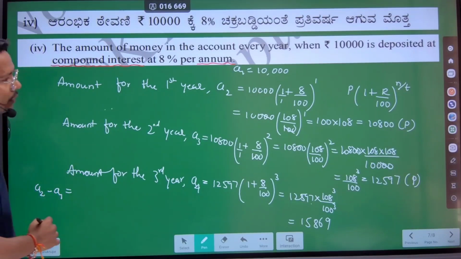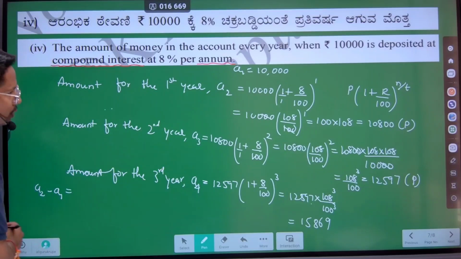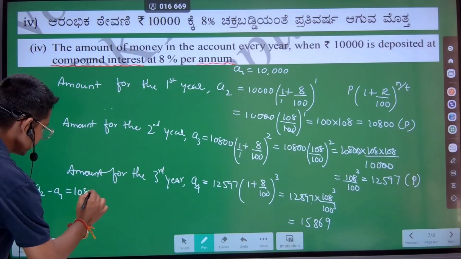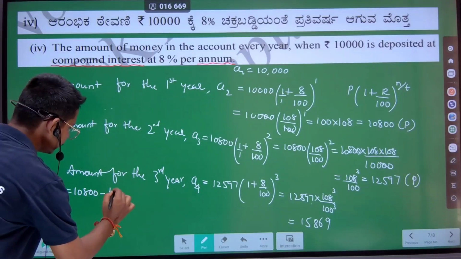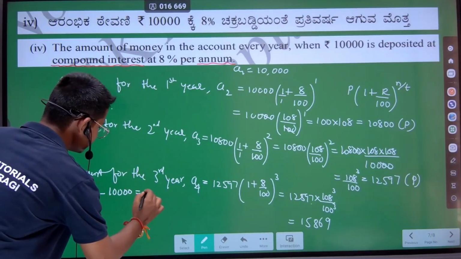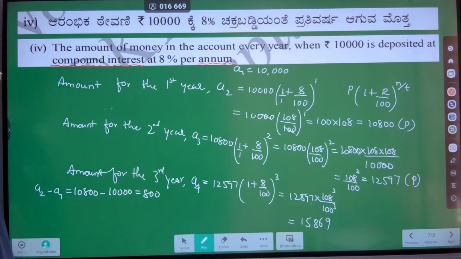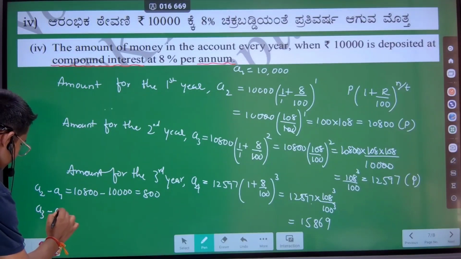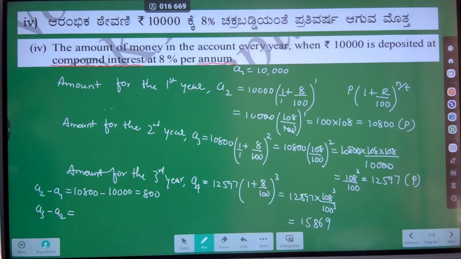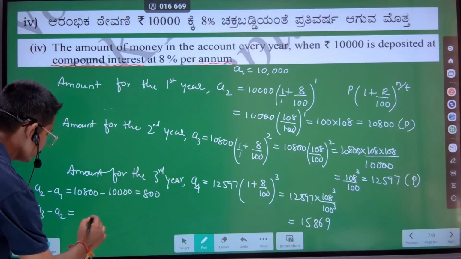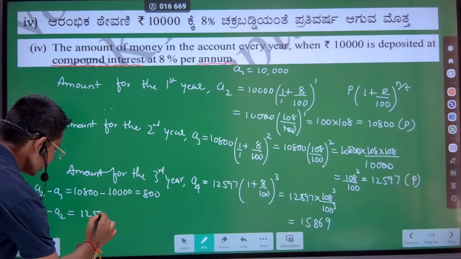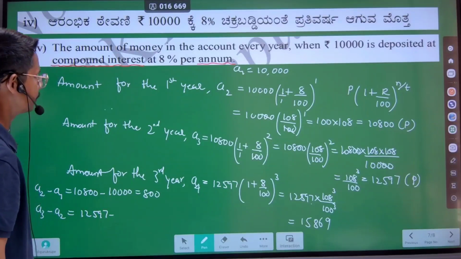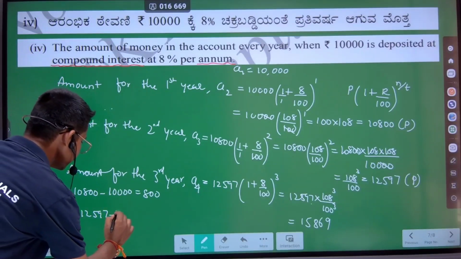A2 is 10,800, minus A1, 10,000, so the difference is going to be 800. Now again I'll take the difference A3 minus A2. A3 is 12,597, minus A2, 10,800.